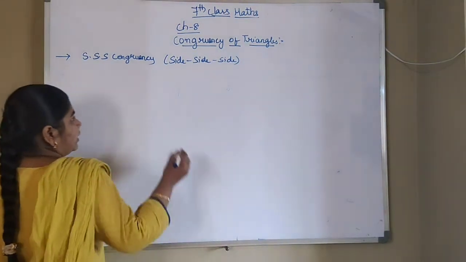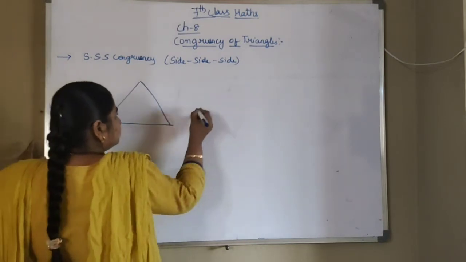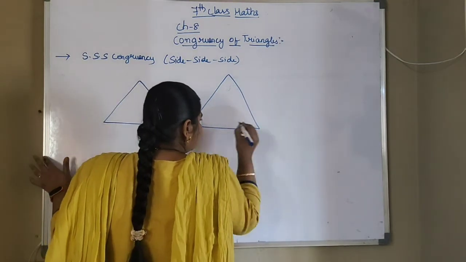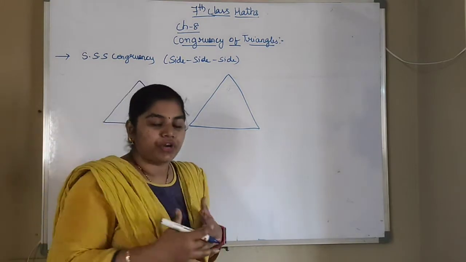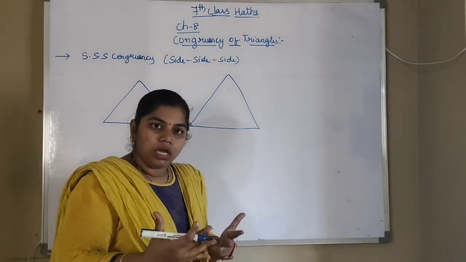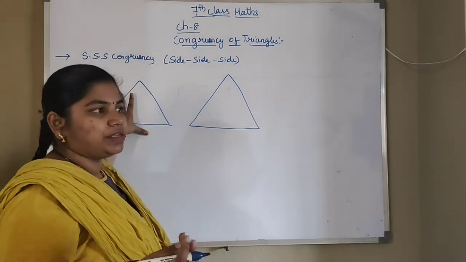So if I take any triangle, I am taking 2 triangles. You can show they are congruent only if you have 2 or more triangles, or 2 or more coins or other things. With only one triangle you can't tell they are congruent.